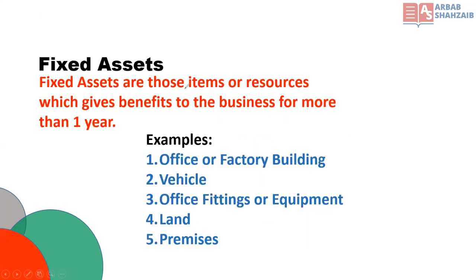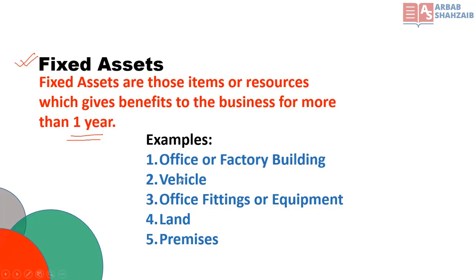Fixed assets are those assets or items or resources which give benefits to a business for more than 1 year. More than 1 year means anything in the business that has a life of more than 1 year is a fixed asset. For example, an office or factory building has a life of more than 1 year.